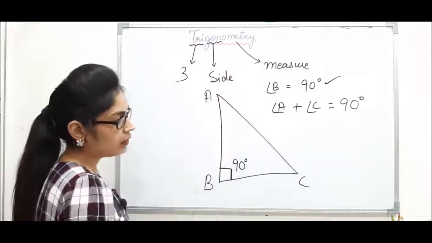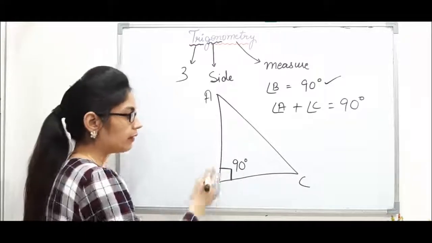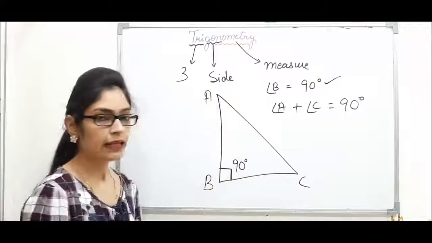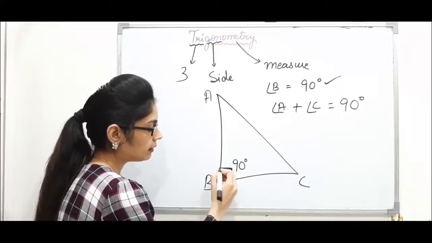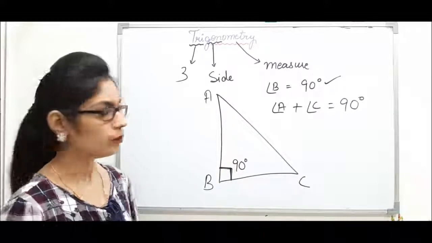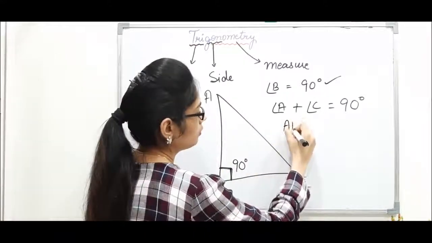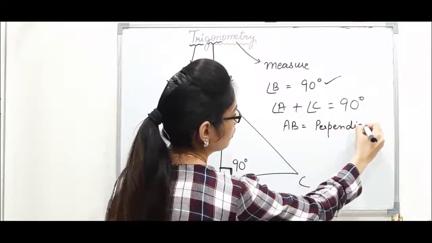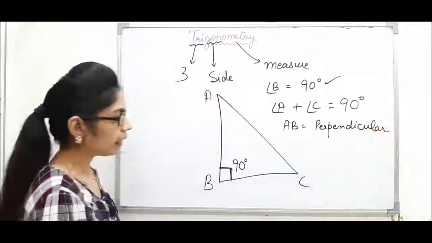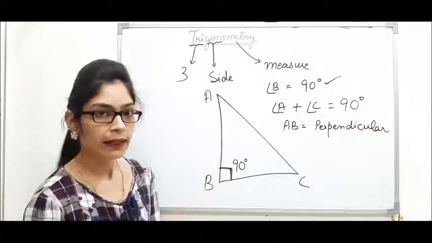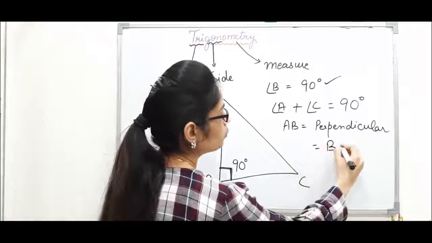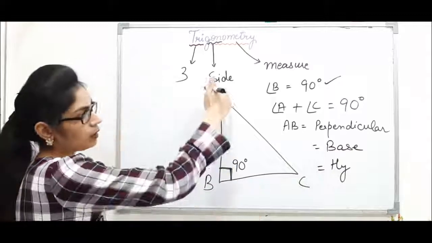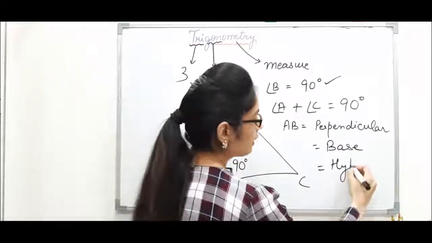In this triangle we have 3 sides. One side is the perpendicular. The side with which the 90 degree angle is there is known as the perpendicular. So I'll write it down, AB is the perpendicular. Then the other two sides: one we have perpendicular, one base we have, and the longest side, AC, is the longest side of the triangle.